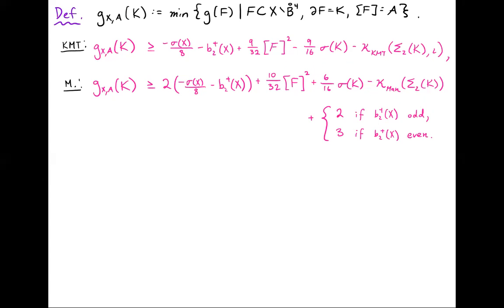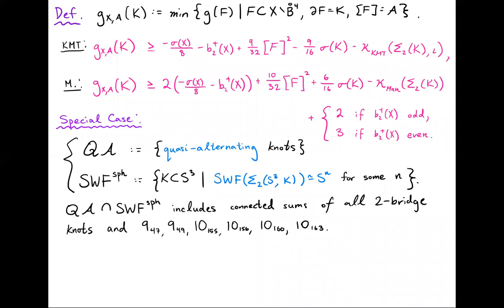Let's specialize to a special class of knots. Let QA be the set of quasi-alternating knots, and SWF-spherical be the set of knots in S^3 whose Seiberg-Witten Floer spectrum of the double branched cover of K is homotopy equivalent to a sphere.